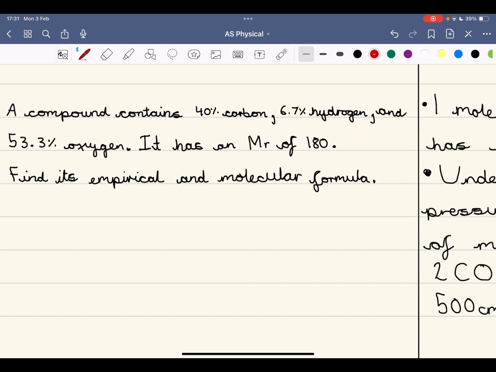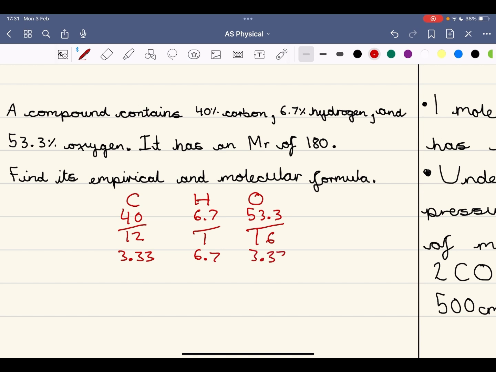So firstly I'm going to write down all the atoms involved: carbon, hydrogen, and oxygen. So carbon is 40%, hydrogen is 6.7%, and the oxygen is 53.3%. Then I'm going to divide them by their ARs. So we get 12, 1, and 16. And then this gives us a ratio of 3.33, 6.7, and 3.33.